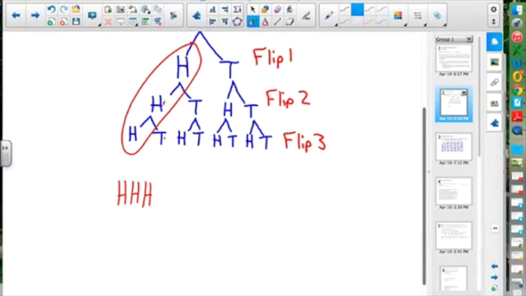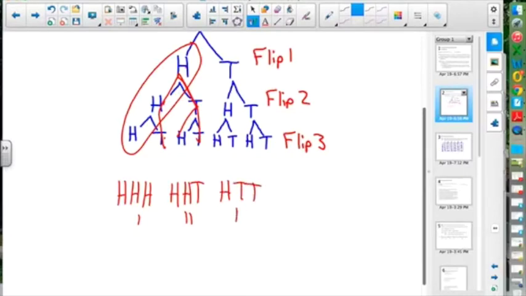We could get head, head, tail. Alright? 2 heads and a tails. Or, look at this. We could get head, tail, head. But we still got 2 heads and a tail, right? Okay? So there's 2 ways of doing that. There's 1 way of doing that. We could also get head, tail, tail. So head and 2 tails.